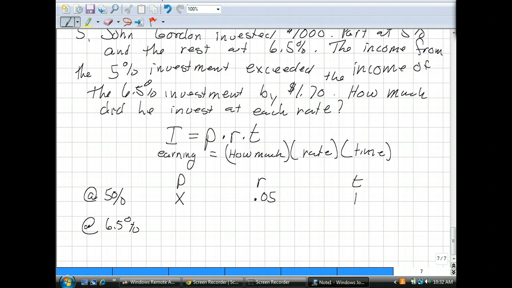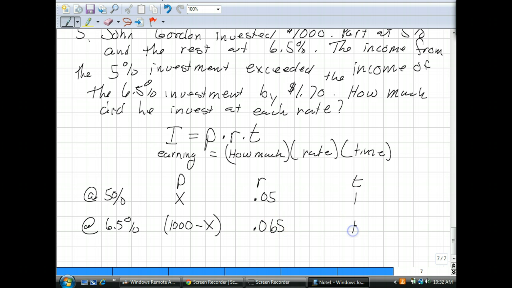At 6.5%, well, it was a total of 1,000 invested. So we're going to take 1,000 and subtract the amount that we put at 5%. And that's going to represent how much we put in at 6.5%. And then the rate is going to be 0.065.